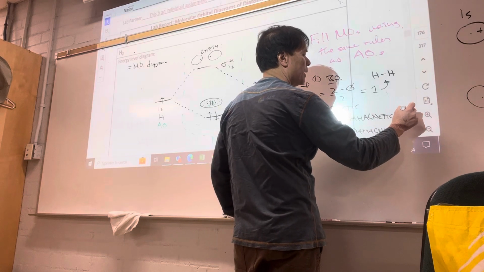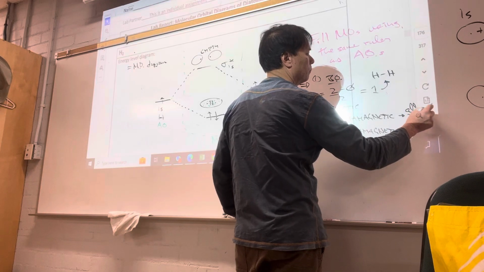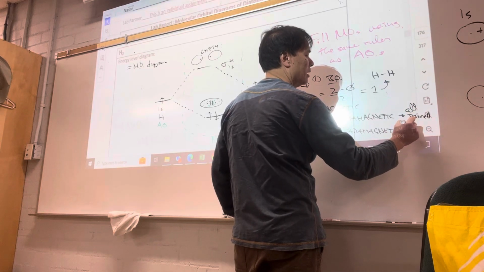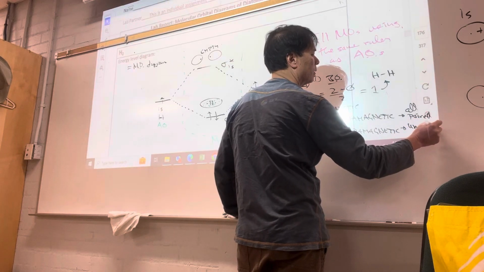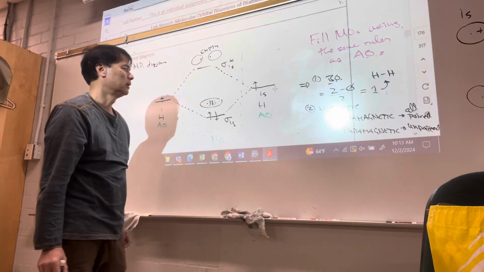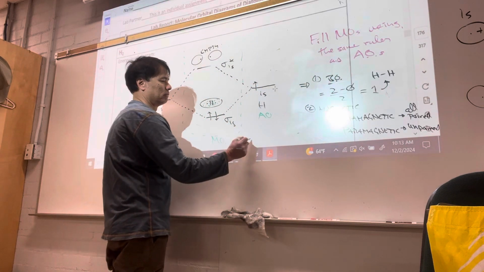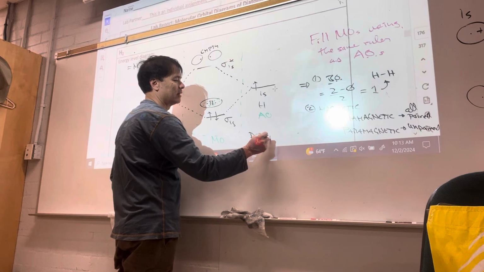Diamagnetic means all paired. Paramagnetic means unpaired, at least one unpaired. This one's diamagnetic. So we have a bond order 1 and it's diamagnetic.